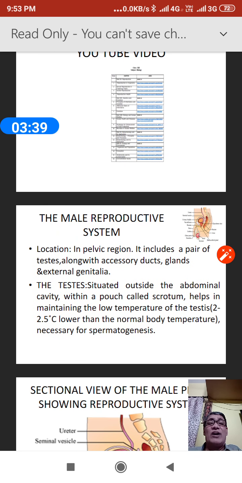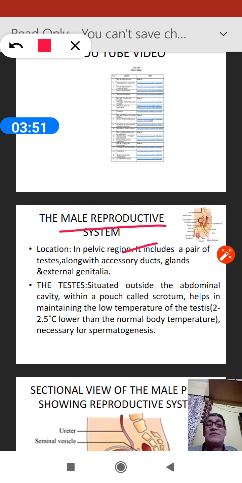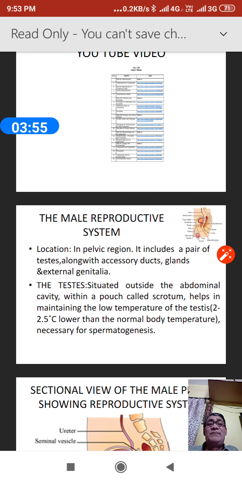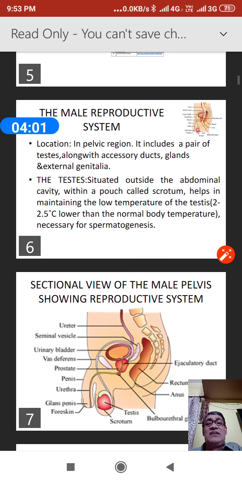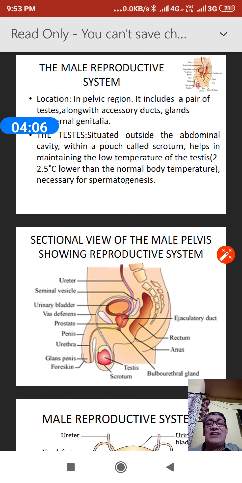Next, today's topic is the male reproductive system and its different parts. What exactly are we talking about? Where it is located is important. The male reproductive system is located in the pelvic region.